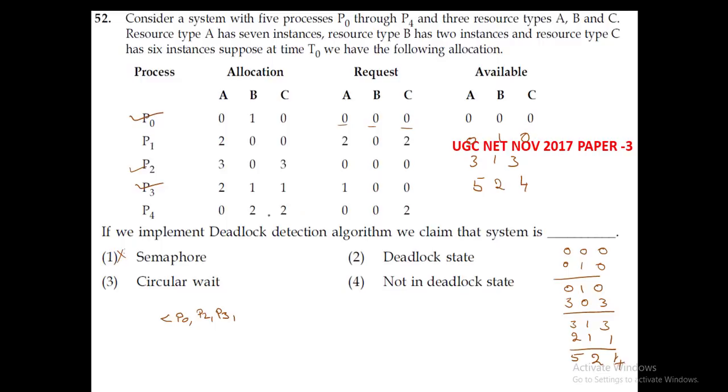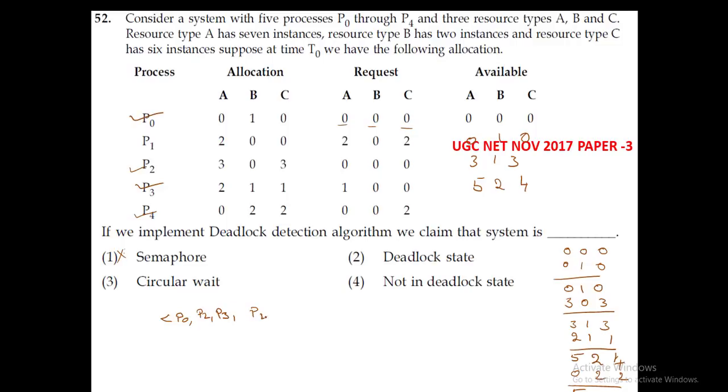So P3 is also completed. Next, see P4. The P4 request is 0, 0, 2, and the system contains 5, 2, 4, so we can easily allocate this resource to the process P4. After that, P4 can complete its execution and releases its resources to the OS. Now the OS can update its values: 0, 2, 2, now it has 5, 4, 6. Right.